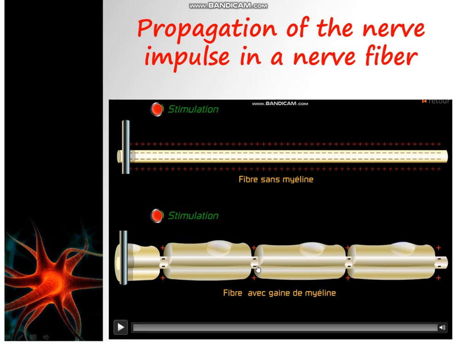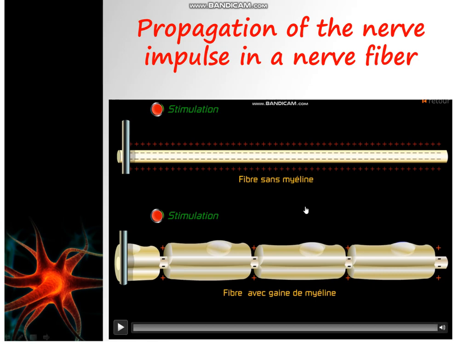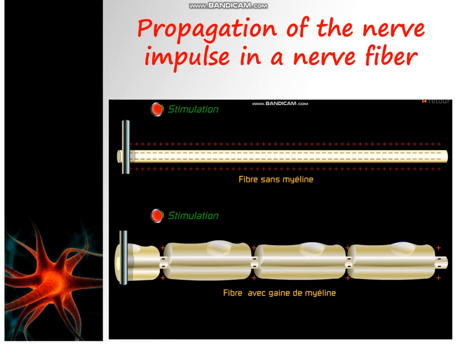So, in the axon, there are regions that are uncovered by myelin, and these regions are called nodes of Ranvier. We will stimulate the two nerve fibers that are of same diameter with the same intensity of stimulation, and we will notice the speed of conduction.